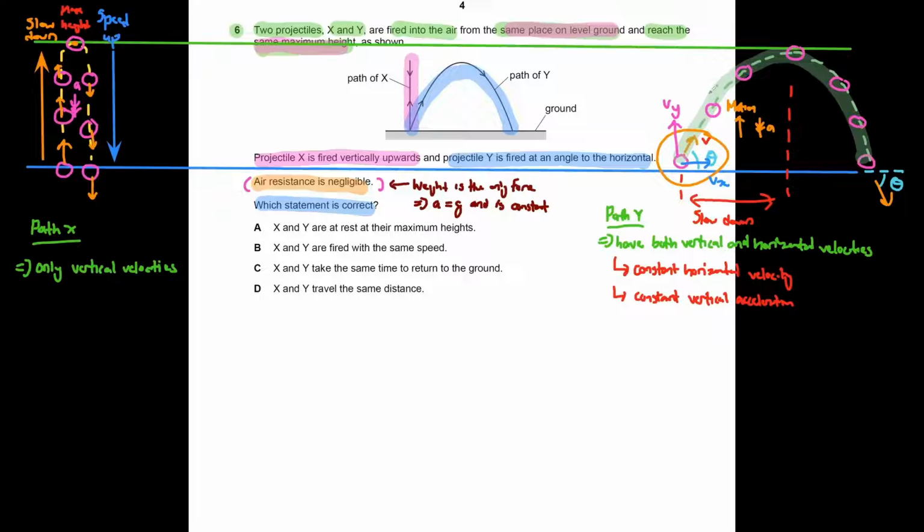But then, after that, from your maximum height to the ground again, it would actually be speeding up. Because here, the direction of our motion is downwards, and the direction of our acceleration is also downwards. They're both in the same direction, so therefore they will speed up. Okay.